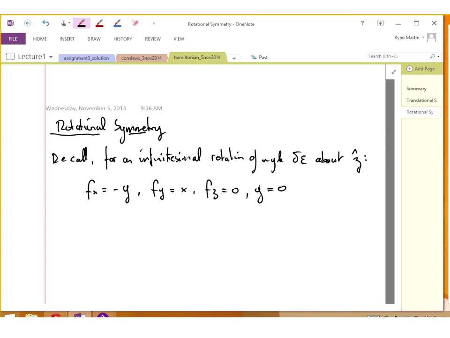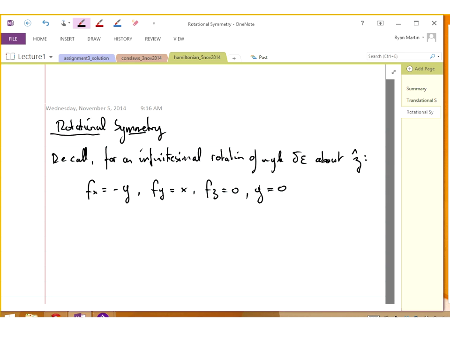That was one of the examples at the beginning of chapter 5, where we made the approximation that as delta epsilon was small, sine of delta epsilon is roughly equal to delta epsilon, and cos of delta epsilon is roughly equal to 1.